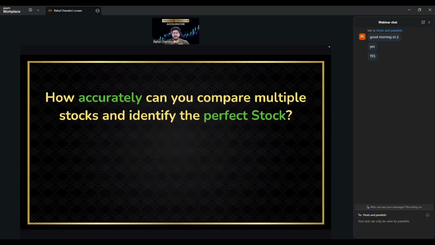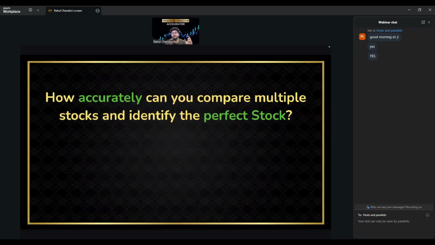If I ask you to identify the best student in a classroom for me, correct? Tell me how will you go about doing that? Identifying the best student in a classroom. You'll conduct an exam, correct? You'll conduct an exam and then you will see which student scores the highest.